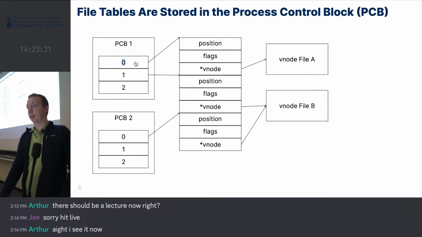So in this case, file descriptor 0 of process control block 1 points to file A at some position with some flags.